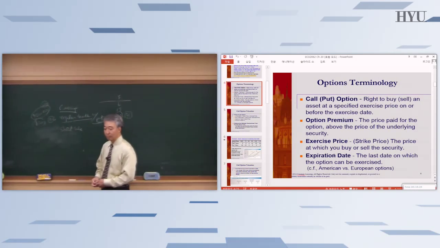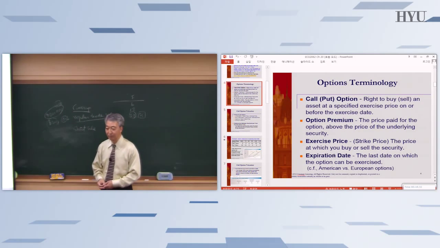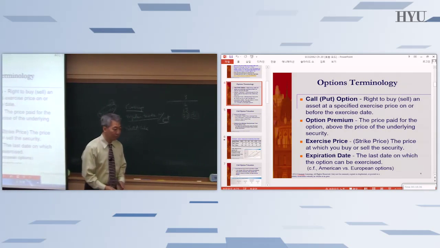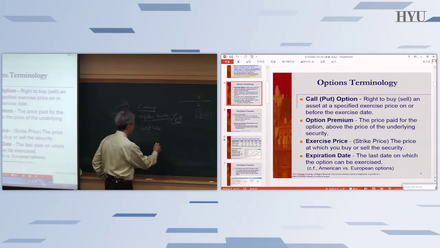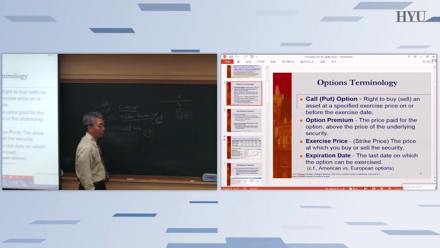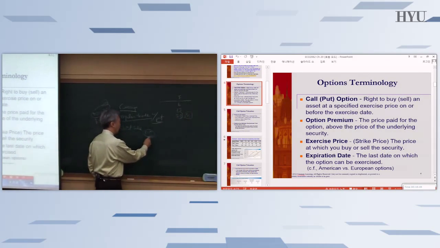Let's say what's the price now? Volkswagen price. That's, let's say $15. Okay? So currently it's $15, but you're sure that it's going to go down, right? Then you can sell it at $15. Okay?